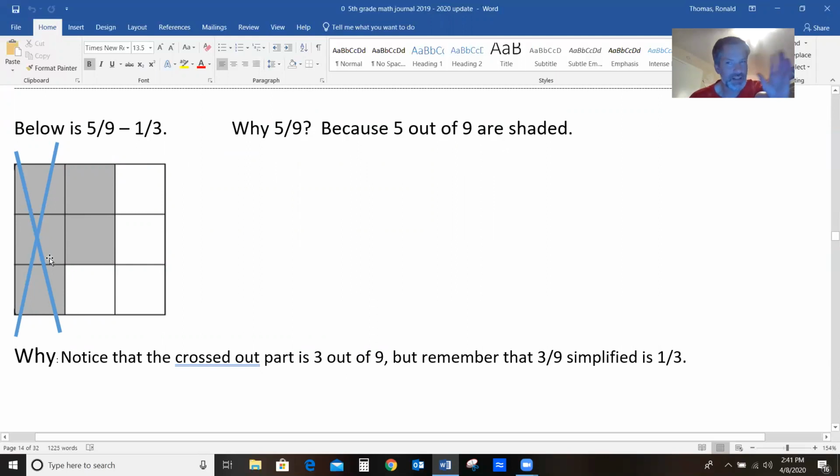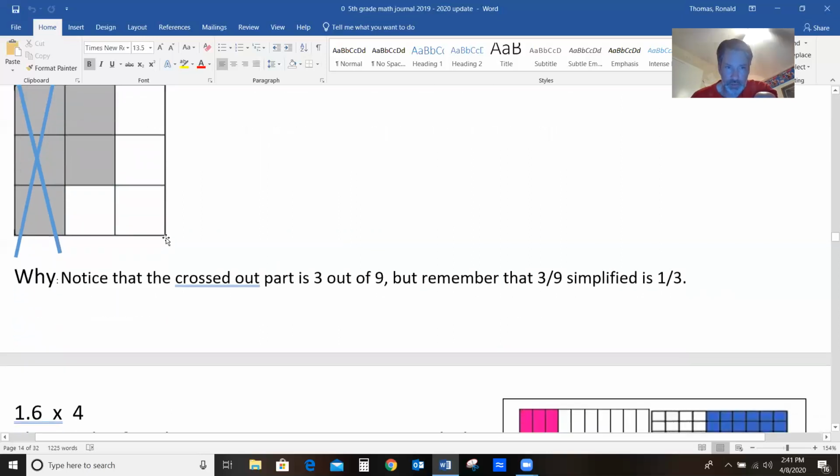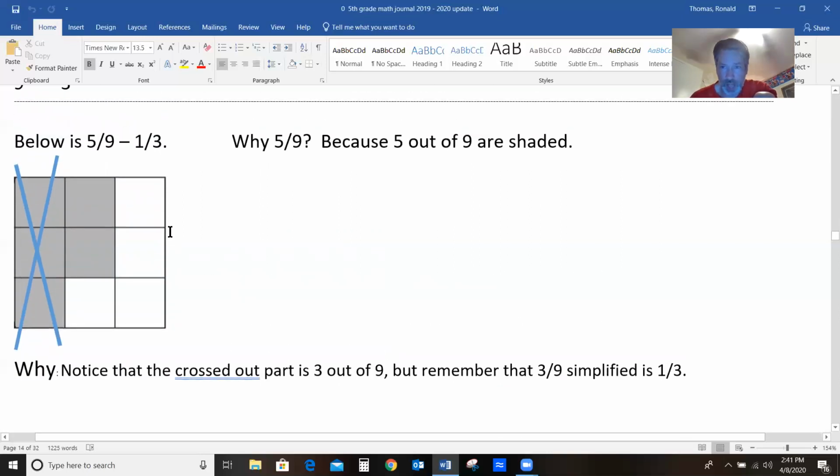There are a total of 3 out of 9 that are marked off. We'll simplify 3/9 and you get 1/3. That's what's going on there. But if you actually worked it out, you would just do 5/9 minus 1/3, find a common denominator. This is a picture showing you what's going on. Pause this. We'll talk about this one a lot.